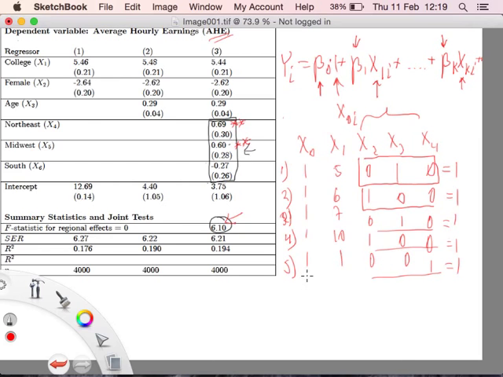And at the same time, my intercept is 1, 1, 1, 1. It tells me that x0 is actually a perfect linear function of x2, x3, and x4. What is the result if I include all of them? Perfect multicollinearity. And this is called the dummy variable trap. To avoid this, I need to drop one of these 3. We can't drop the intercept. It needs to be there, especially in the wage equation.